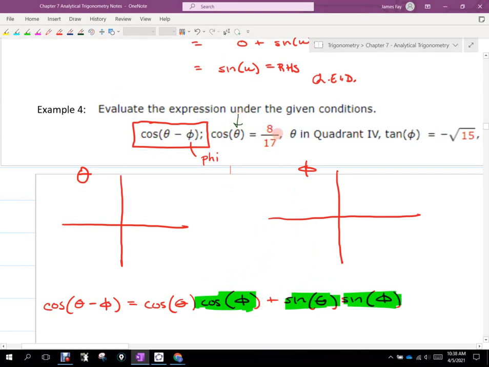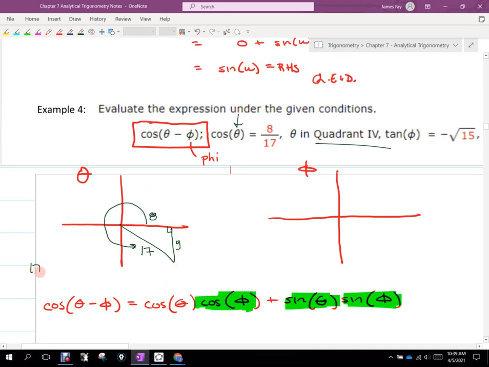It says 8/17, but you're in quadrant 4. So I'll draw my picture, quadrant 4. 8/17, it's cosine, so 8 is that number right there, and 17 is my hypotenuse. Do we have the ability to find that distance? I'll just call it my y value.